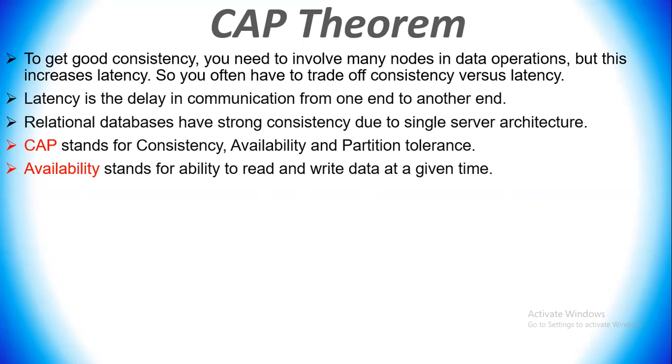When you have multiple replicas, you have to go for the eventual consistency, and the latency will be high. So consistency will be low and availability will be high. So that is an indirect relationship between consistency and availability.